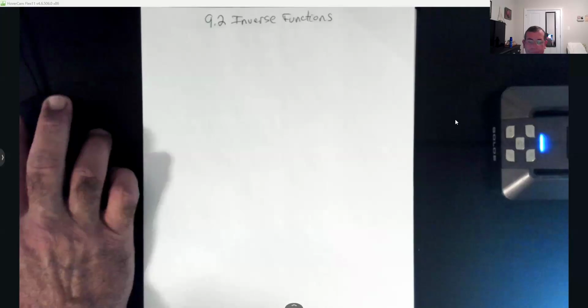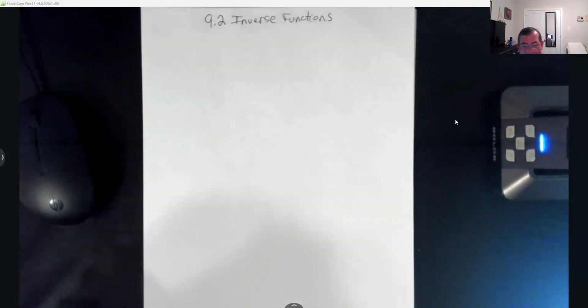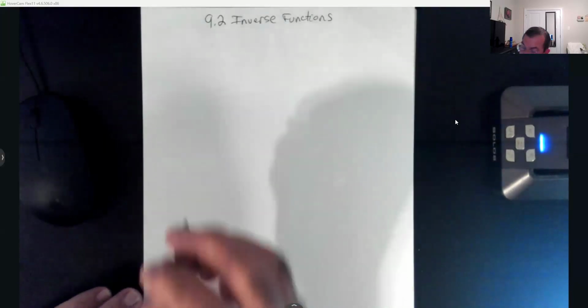So let me share my screen here. All right, so before we get into actually finding inverse functions, we're going to look at how to find the inverse of a relation.